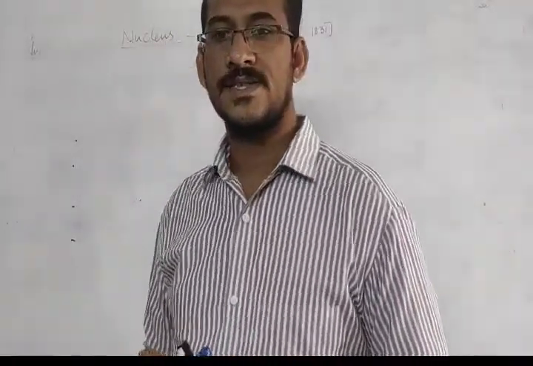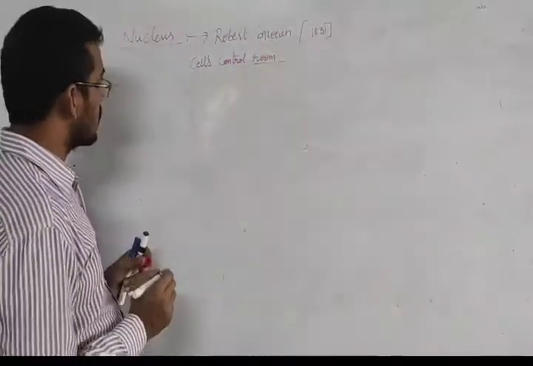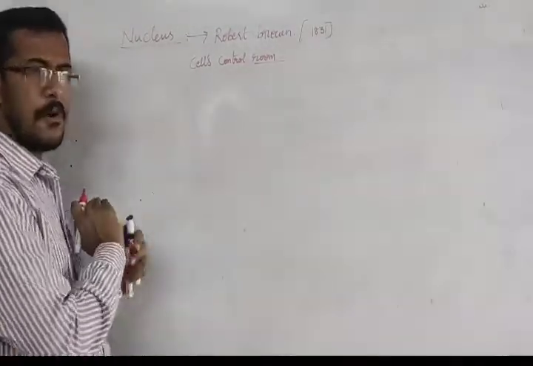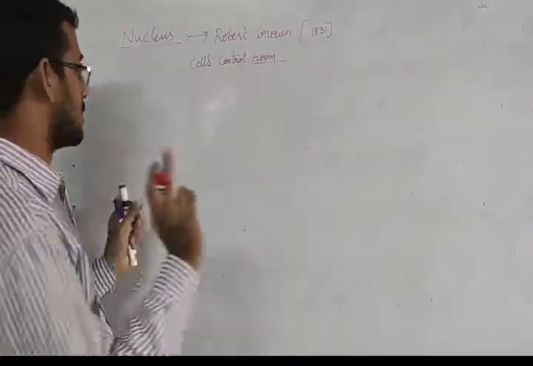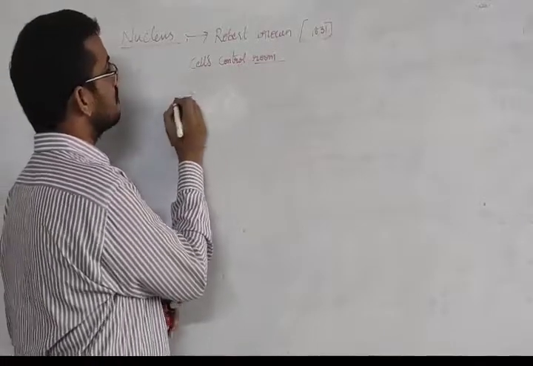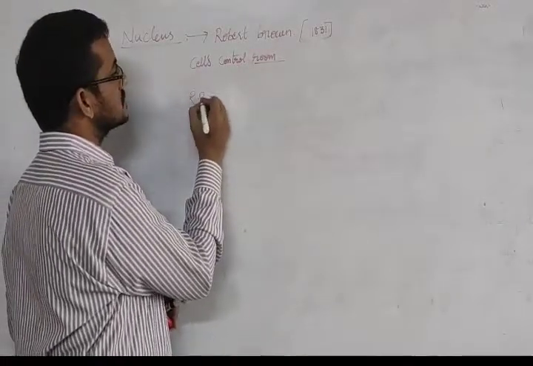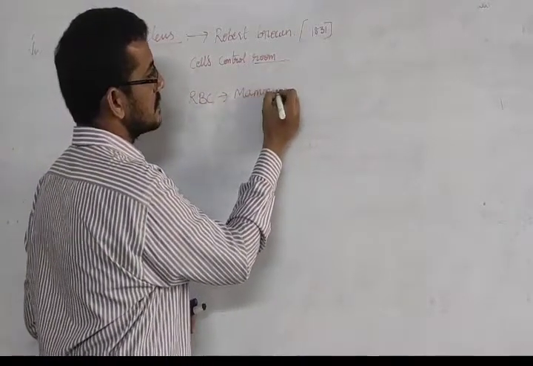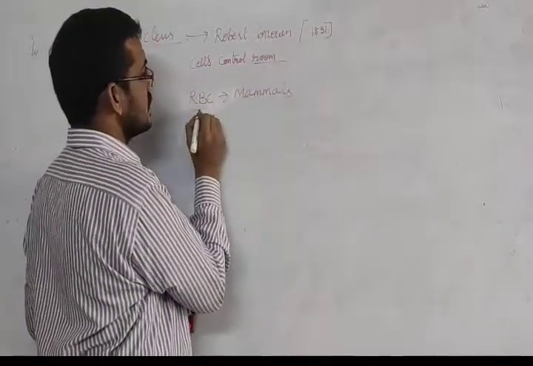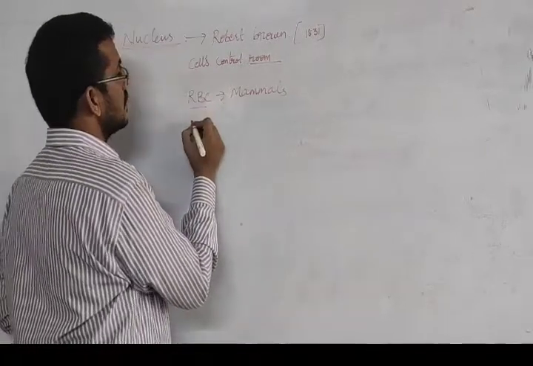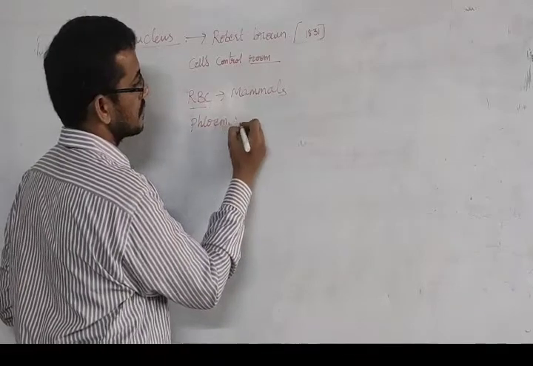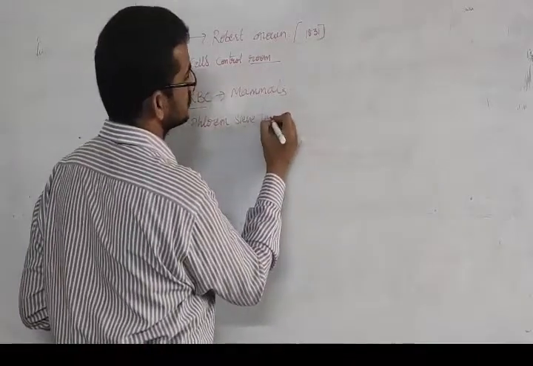Understood? Next, one more very important point you should remember is nucleus is present in all cells except RBC of mammals. Nucleus is not present in red blood cells. In case of plants, phloem, sieve tube cells.